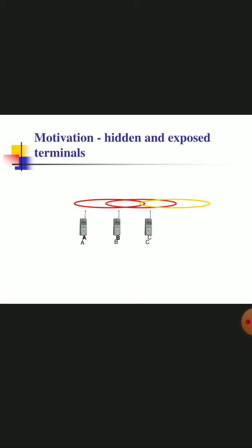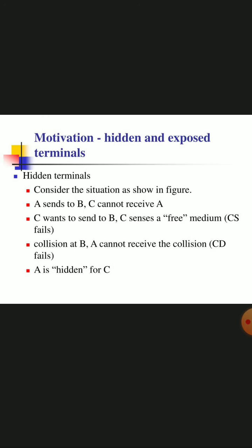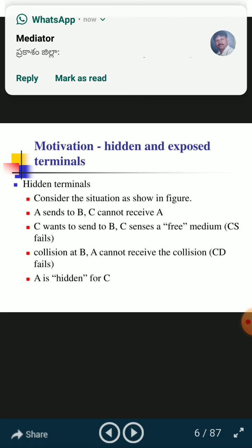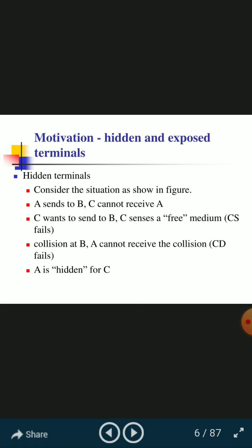The three are mutually communicating, but at the same time two senders are sending data to one receiver. A sends to B, but C cannot receive A. A can only send data to B.